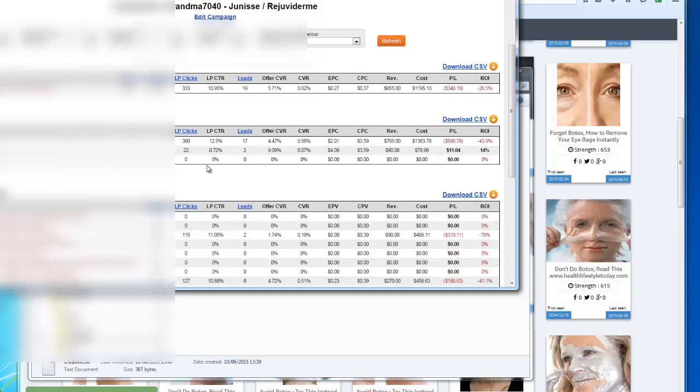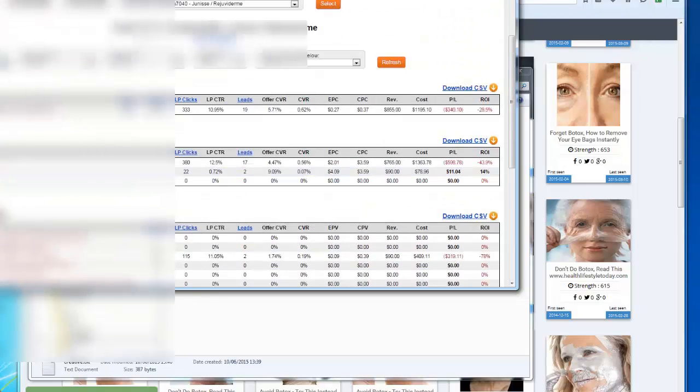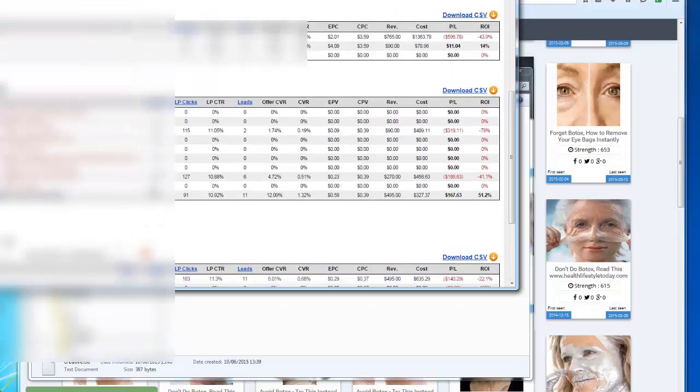We had lots of different campaigns running that have done better and worse for us. We had lots of different ads. Again, some of these ads have had quite a good ROI.